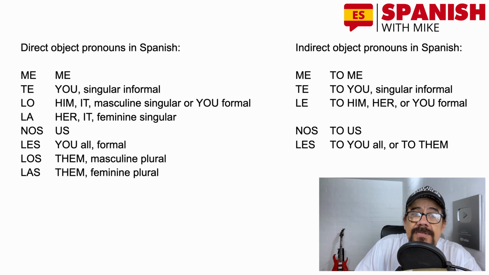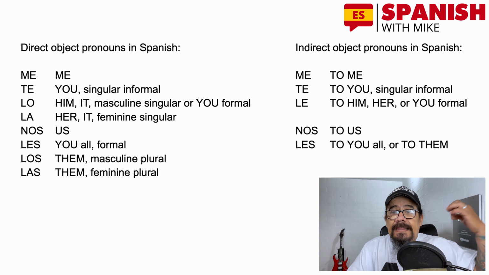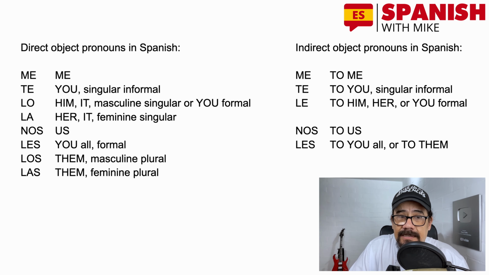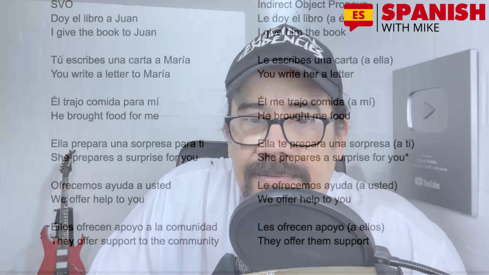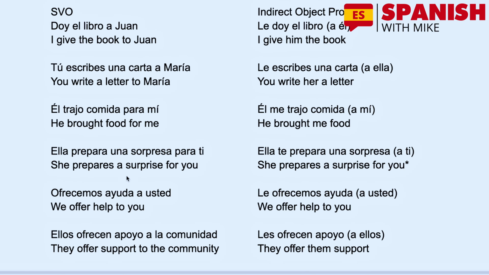But the thing is to understand the way they work in the structure of the sentences. So as you can see, the direct object pronouns, they replace the direct object immediately. Yo lo veo. That's clear. Whereas the indirect object pronouns, they're replacing the indirect object, as we can see here.